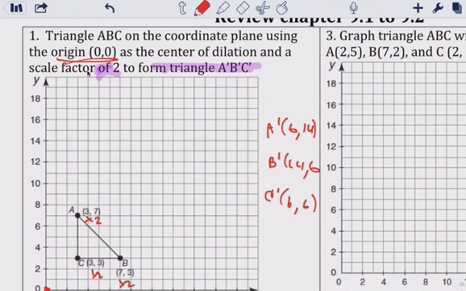So (6, 6) right here, that's C prime. (14, 6) right here is B prime, and then A prime is (6, 14), which is right there.